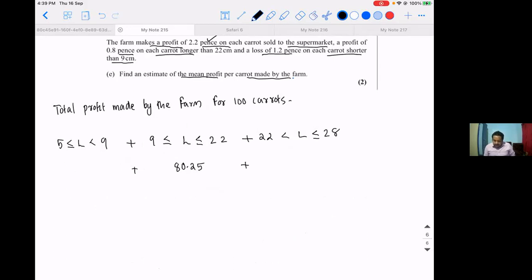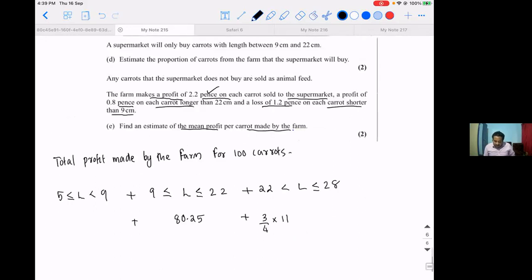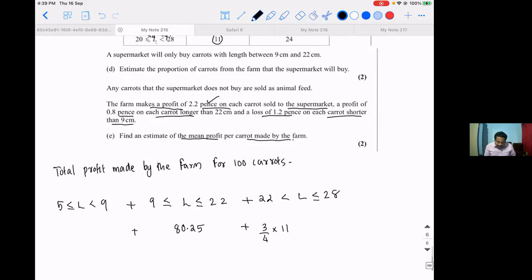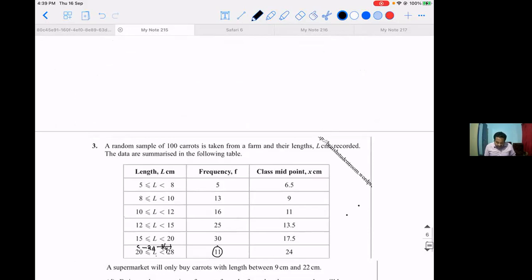And then how many carrots between 22 to 28? That is 3/4 of 11, right? Because we are taking the 1/4 of the 11 in our category. So 22 to 28 means it is 3/4 of that total frequency 11. So we know that 20 to 22 is 1/4, and therefore this is 3/4. So 3/4 of 11. And interestingly, 5 to 9 means from 5 to 8 we have 5 carrots, and from 8 to 9 it is again half of 13.